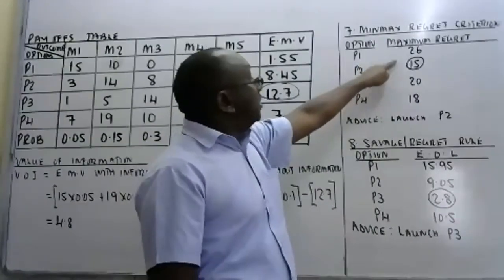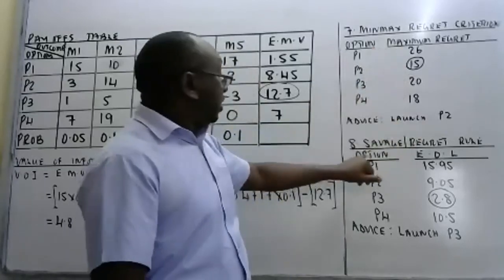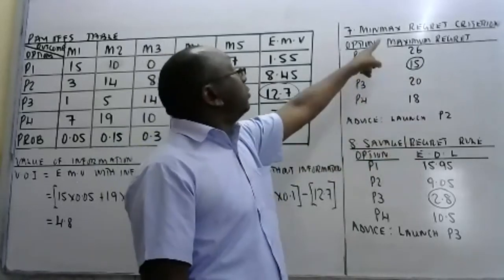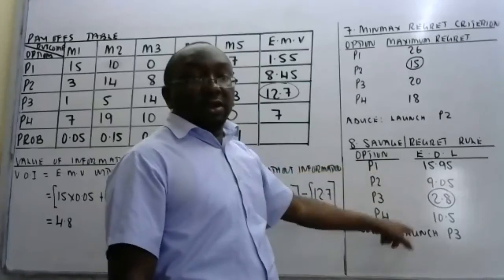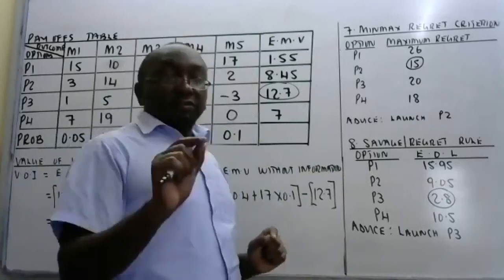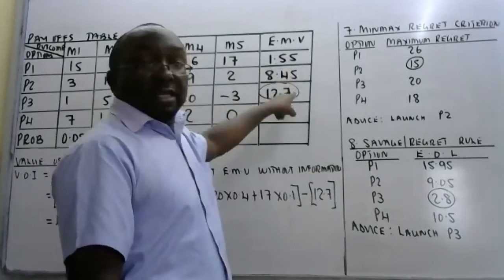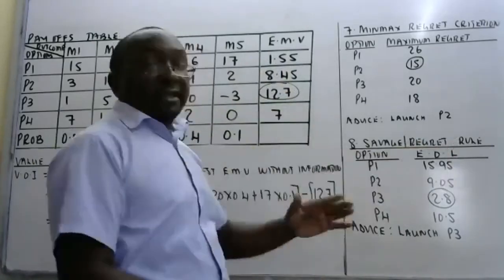So the minimum of these ones is 15. Then for this one, this is called Savage or the regret. It's very similar to this other one, but now this one uses the expected opportunity losses. And the expected opportunity losses, we get them just like we got the EMV. You multiply those regrets by the probabilities here as you add.